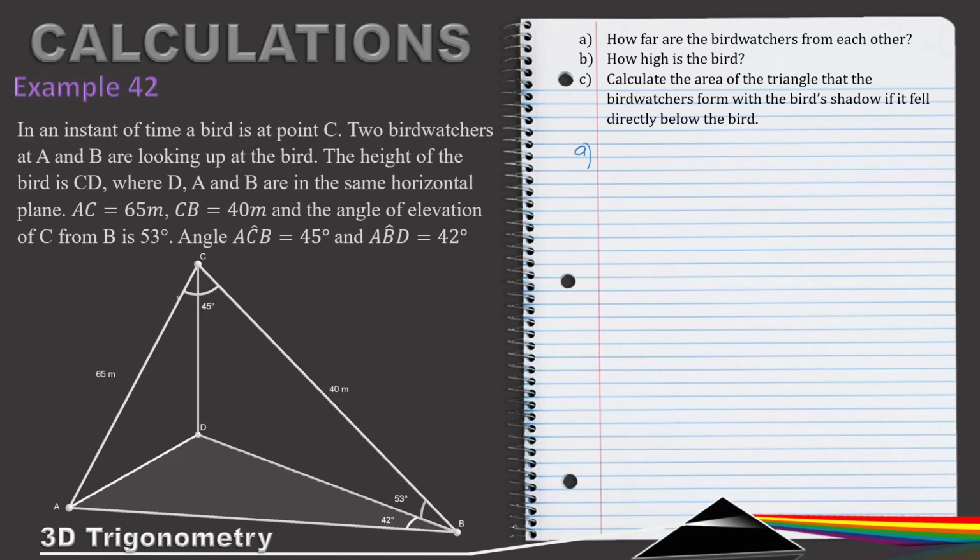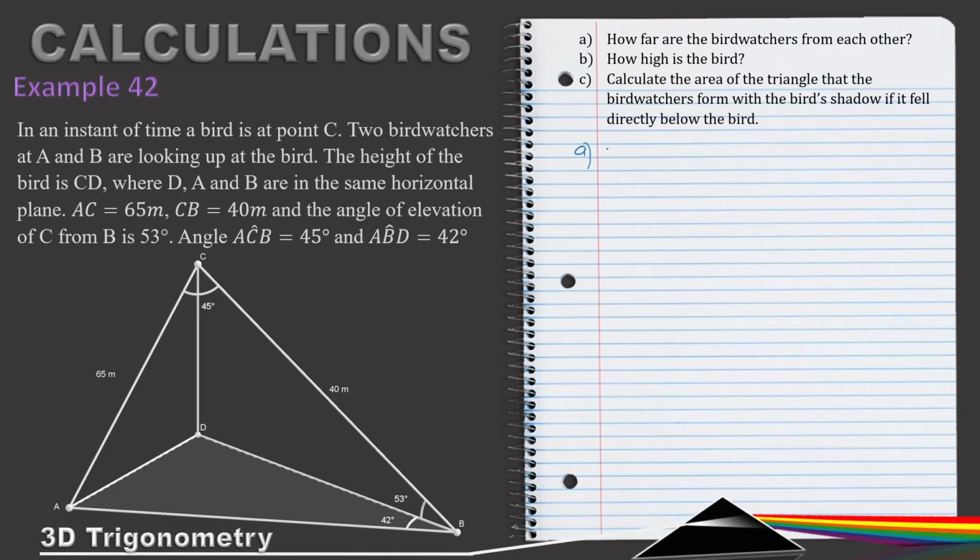Now we can see that in triangle ACB we've got two sides and an included angle, and immediately that should remind you of the cosine rule. The cosine rule uses the side that's opposite the given angle. So that's going to be our go-to. We're going to say the cosine rule.